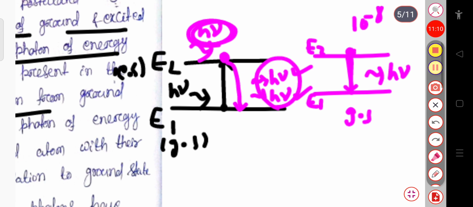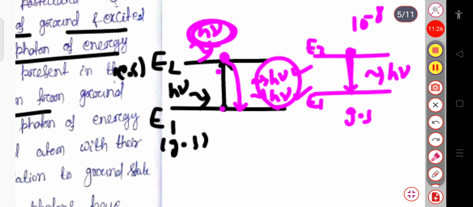Now one question arises. Just listen carefully: the atom present in the ground state, after absorbing the energy h nu, will go to the higher state, that is E2.